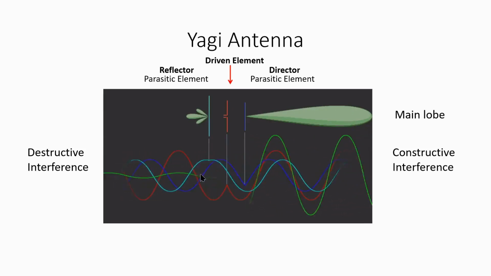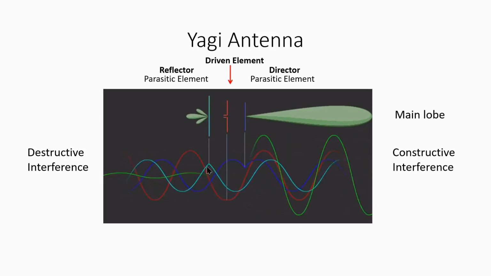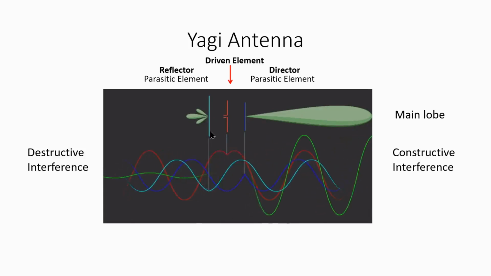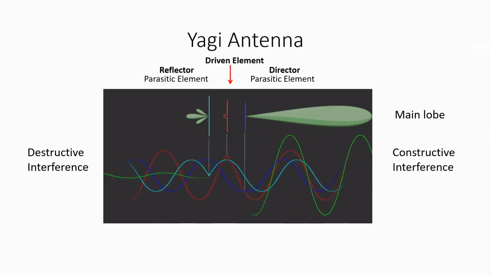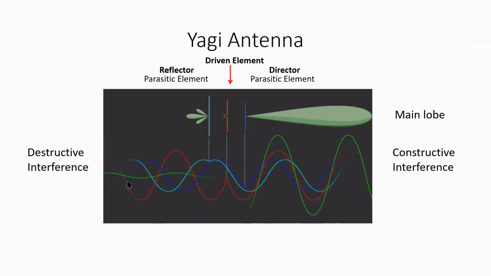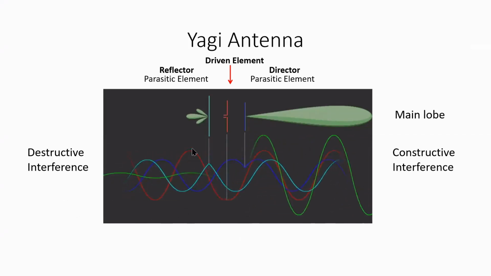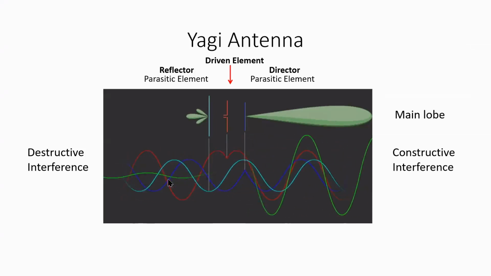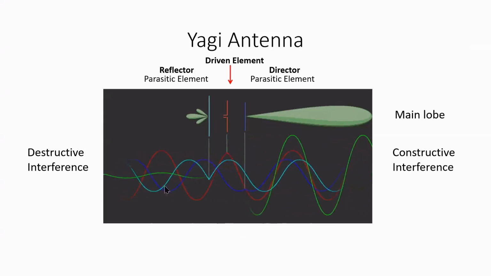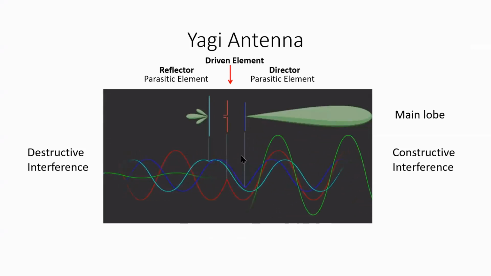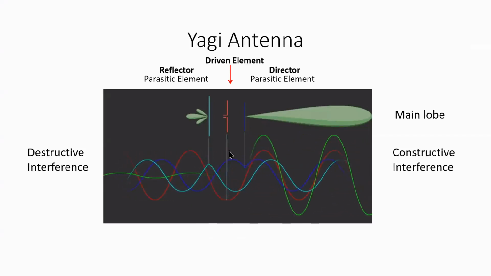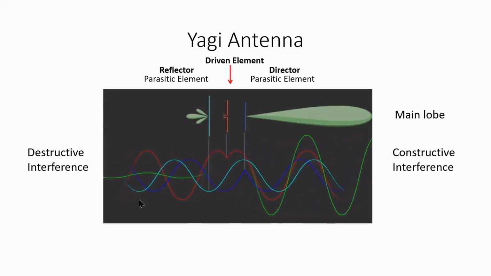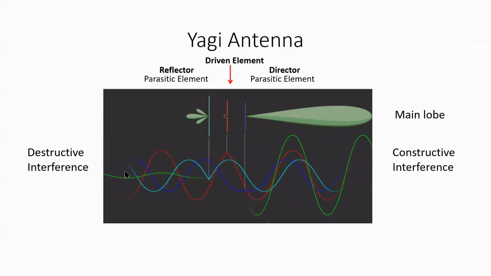Conversely, in the back, you have destructive interference, where because this element is longer, it actually disrupts, it slows down one of the waves, has a slower wave that actually cancels out some of the energy from the director and from the driven element. So this destructive interference reduces the signal to the back.